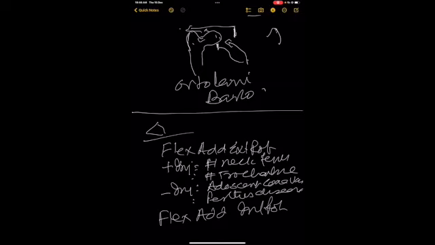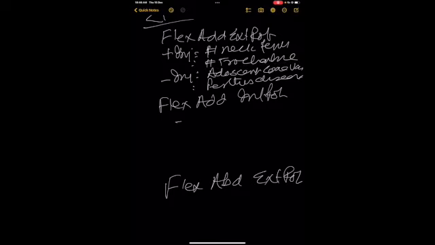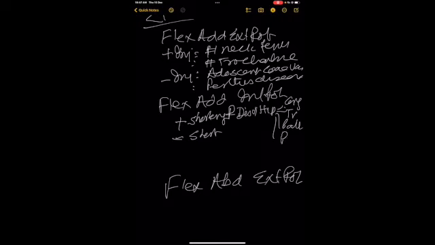Right. Now, if there is flexion, adduction, internal rotation, you say whether shortening is present or absent. If shortening is present, there is dislocation of hip, posterior dislocation of hip, which can be congenital, traumatic, pathological, or paralytic.